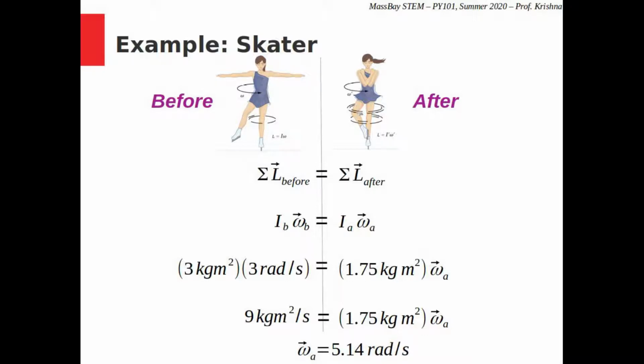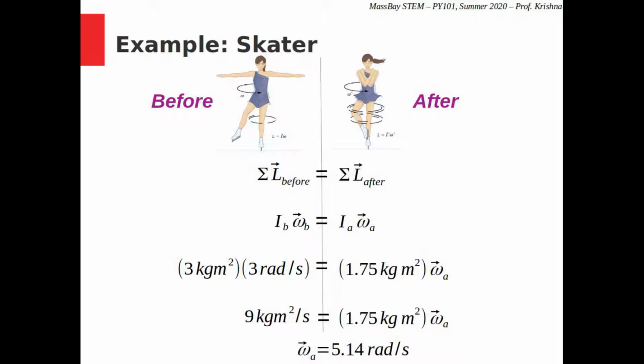The law of conservation of angular momentum states that initial angular momentum must equal final angular momentum. Let's expand this with the definition of angular momentum: moment of inertia multiplied by angular velocity. And then let us substitute in the known quantities. Her initial angular momentum equals her moment of inertia, 3 kilogram meters squared, times her initial angular velocity, positive 3 radians per second.